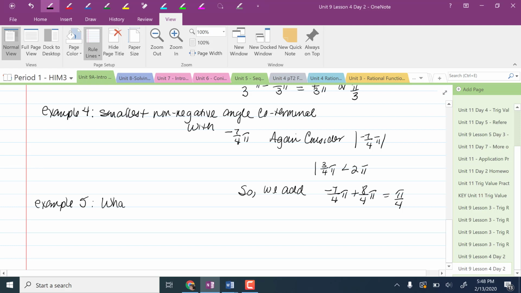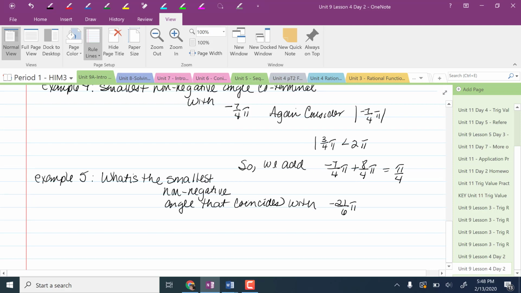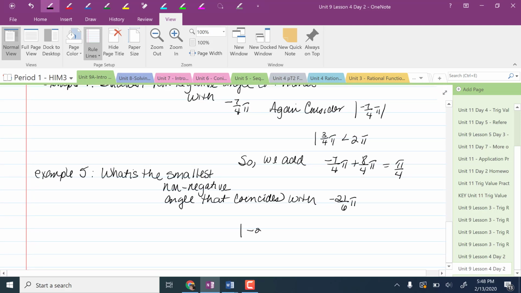Here they ask, what is the smallest? Again, they're not just asking for any, they're being specific for the smallest. And we're talking non-negative angle that coincides with negative 21/6 of a pi. So again, we're looking at the absolute value of this.